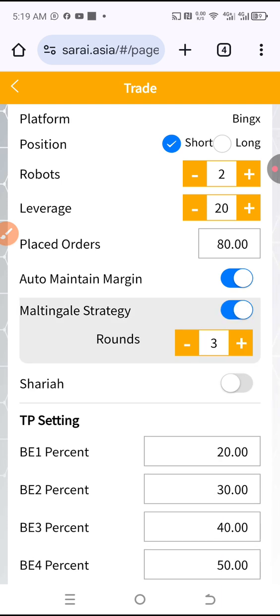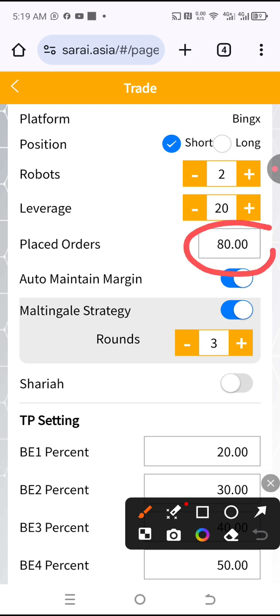Immediately I put this on, my settings must change. How do I mean? For example, this is the place order. This is $80 allocated to each trade. It should be allocated to 3 trades, but I only picked 2 for now because I want to arrange myself before doing the third trade.